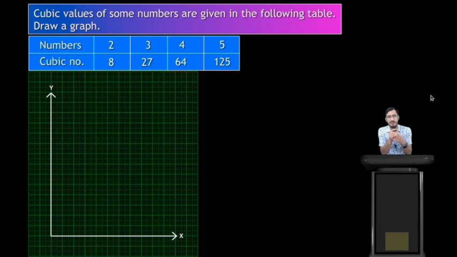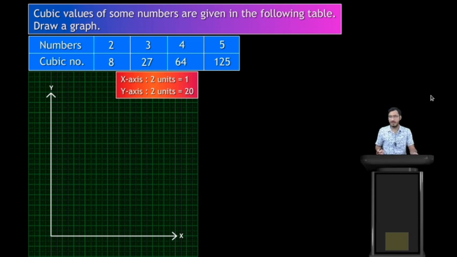Okay, now students, one more question here. So cubic values of some numbers are given in the following table. So draw a graph. So here you can see number and cubic number. So number 2, 3, 4 and 5, and their cubes are 8, 27, 64 and 125. So now first we draw x-axis and y-axis like this, taking suitable scale, like x-axis 2 units is equal to 1 and y-axis 2 units is equal to 20.